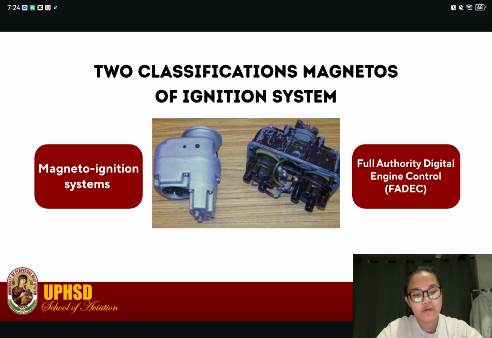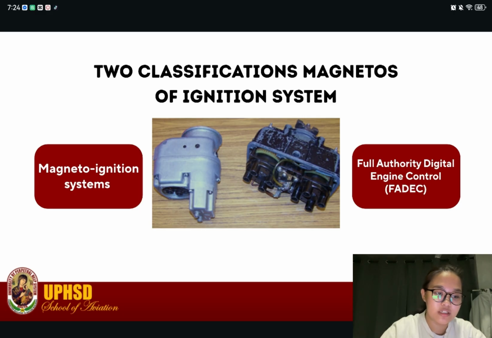On the right side, we have the Full Authority Digital Engine Control, or the FADEC. The FADEC is fully electronic, dissimilar to the magneto ignition system, which works mechanically.